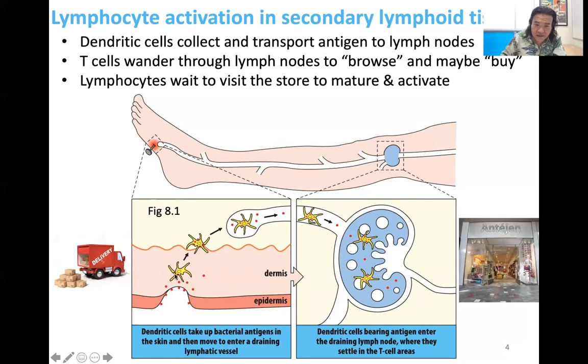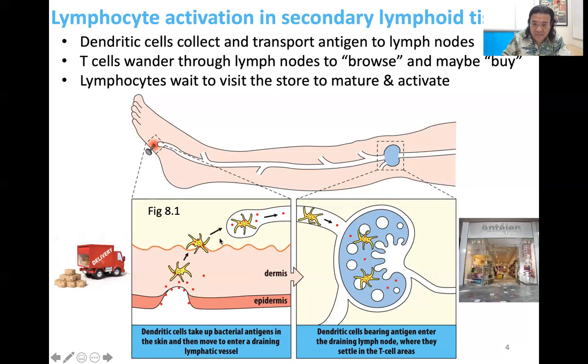And so these dendritic cells would be phagocytosing these different bits and pieces of things that are in the tissue. That would include these red dots, which are maybe proteins or pieces of protein or other molecules that come from the bacteria. So the dendritic cells are going to have to package up these red dots and transport them, just like packing them up in these boxes and loading them up in this delivery truck, right?